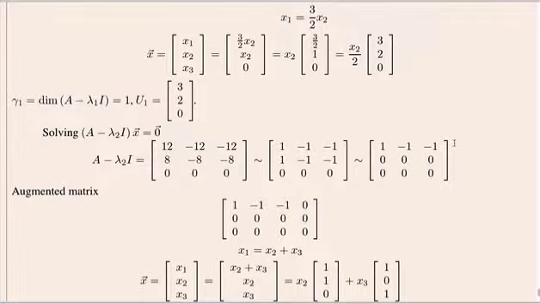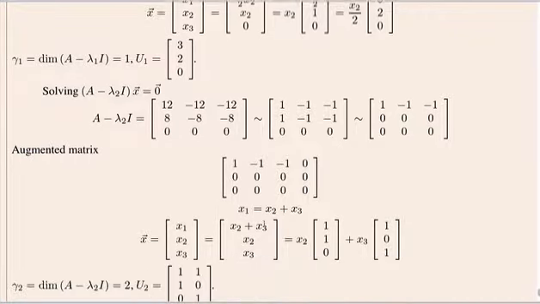So we only have one equation to solve for the null space, and that says that x1 equals x2 plus x3. Collecting this together into vector parameter form, we get that x1 is x2 plus x3, x2 is free, x3 is free. Then we can separate x2s and get 1, 1, 0, and separate x3 and get 1, 0, 1.